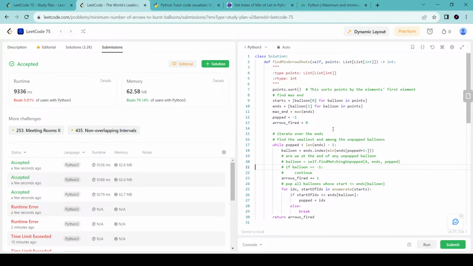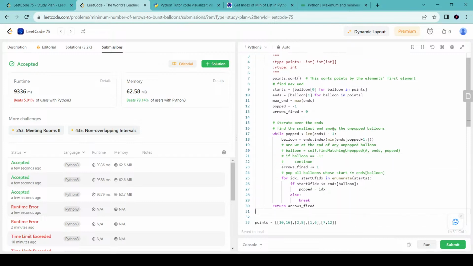We could probably write our own custom function to do this. So doing this takes about 9.3 seconds. I'm a little bit curious how long it would take if we wrote our own little function.